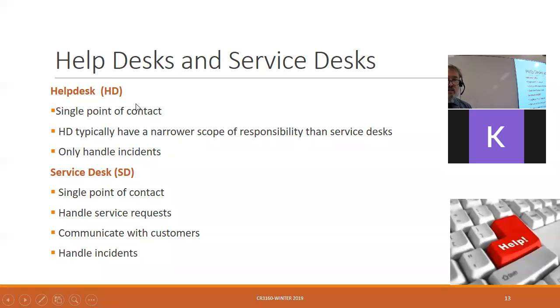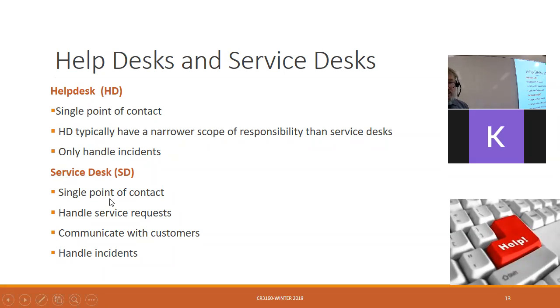So our help desk, that's going to be a single point of contact as well, but it's typically going to be, as it says there, not as broad a scope as a service desk, and it's just going to handle incidents, but it's kind of like a service desk. That is, people are going to call in. This is going to take inbound calls and solve those calls.